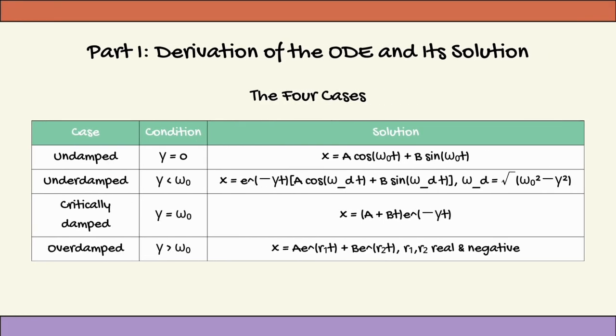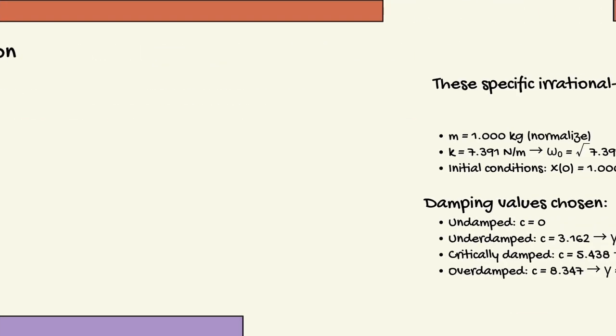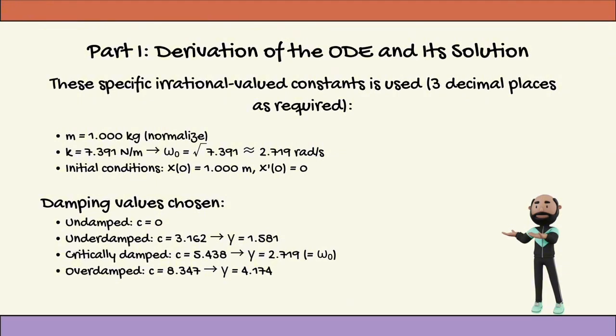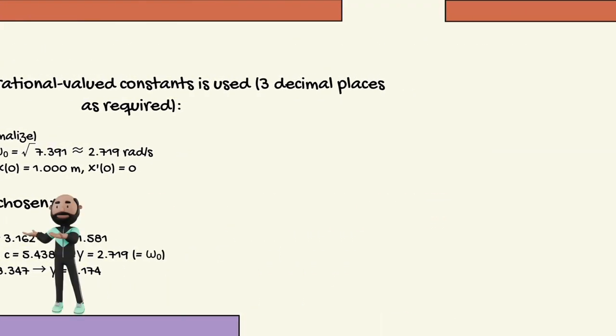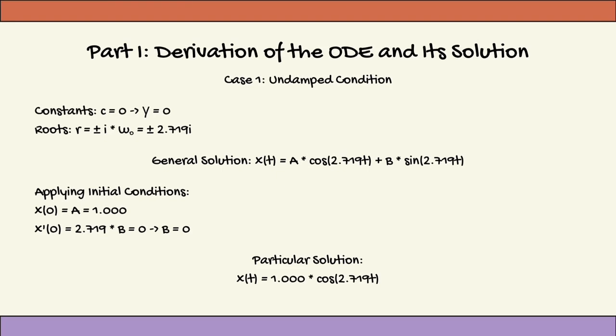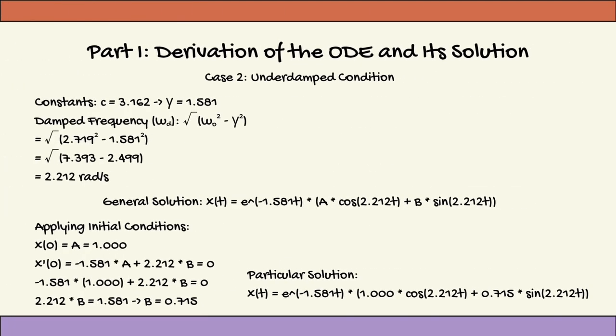Next, this shows the 4 cases: undamped, underdamped, critically damped, and overdamped. Using 3 decimal places as required, these are the values and the damping values chosen. For case 1, the undamped condition, we get x(t) equals 1 cos 2.719 t. For case 2, the underdamped condition, we get x(t) equals e to the negative 1.581 t times (1 cos 2.212 t plus 0.715 sin 2.212 t).